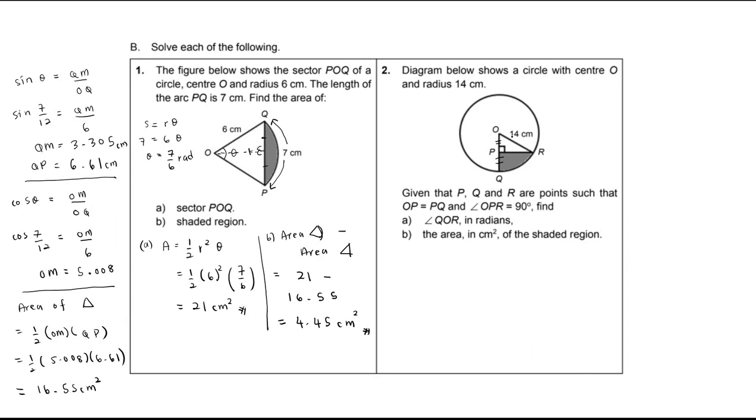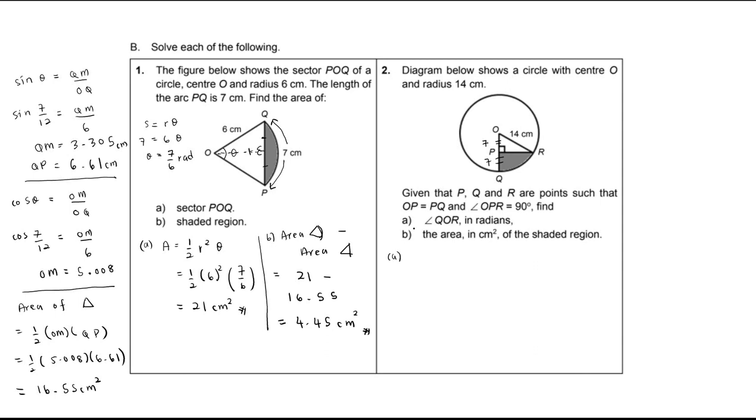Okay, since we know the value of OR is 14 cm, and length OP equals OQ, then 14 divided by 2 is 7 cm, and this is 7 cm. So we know that OR is 14 cm, OP is 7 cm.